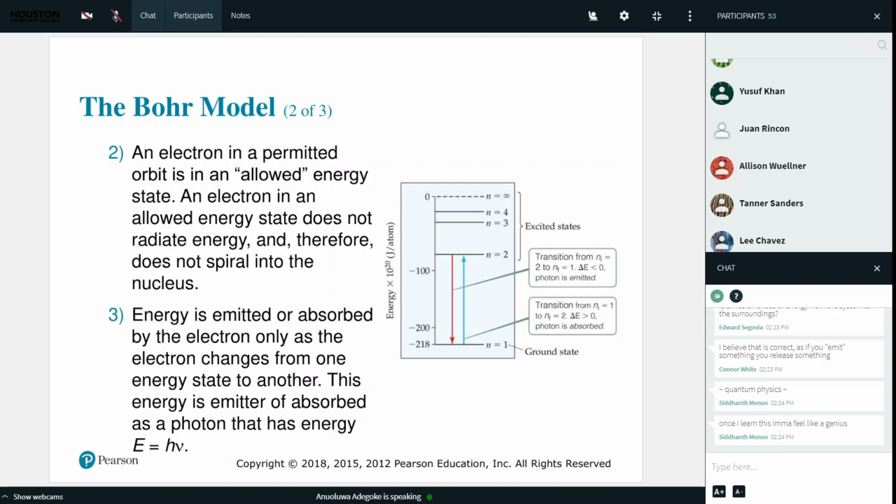The example of the atom we are using here is hydrogen. What Niels Bohr is saying is that electrons are only permitted in certain levels. They cannot be found in between the levels.